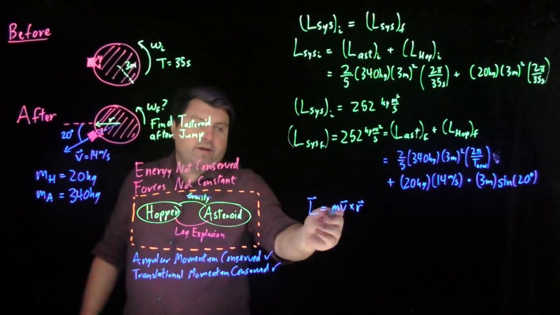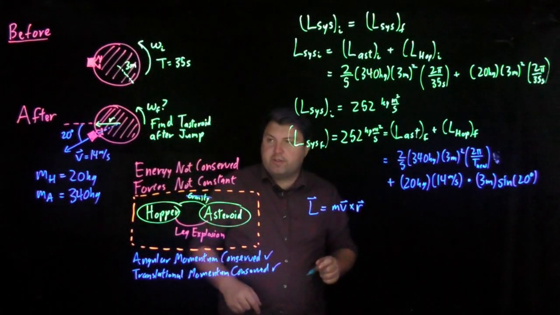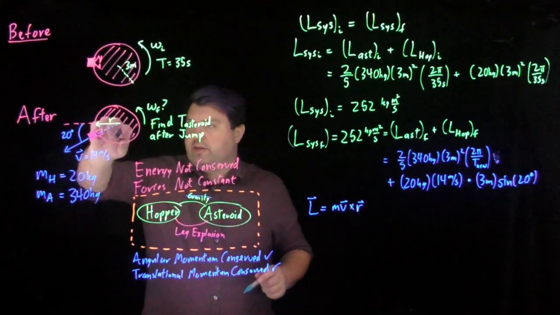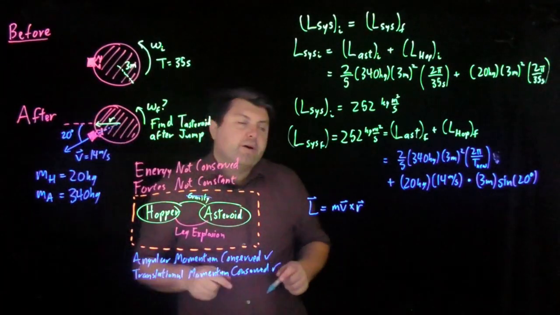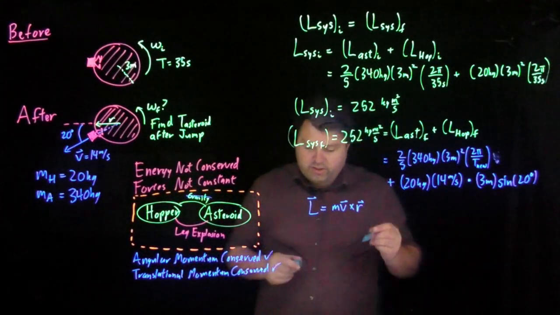So we can do this cross product, right? It's the magnitude of this one, times the magnitude of this one, times the sine of the angle between them of 20 degrees. If this flew off exactly out, then our period wouldn't change, but because it jumped off at an angle, our period does change.